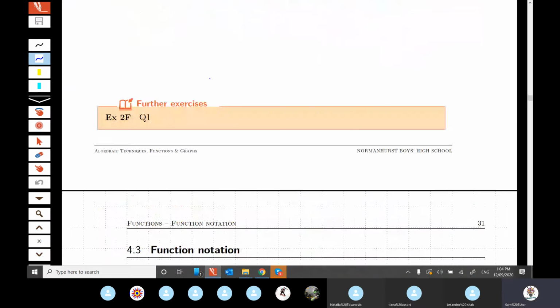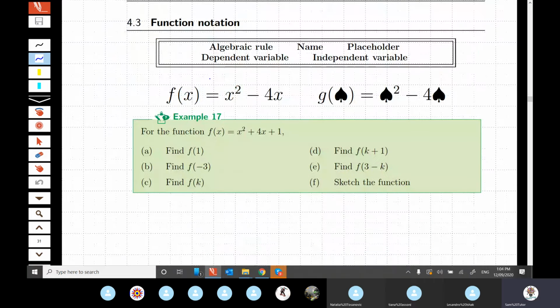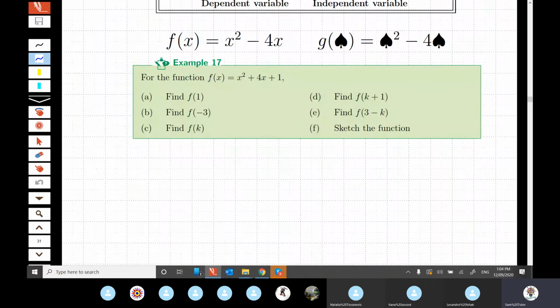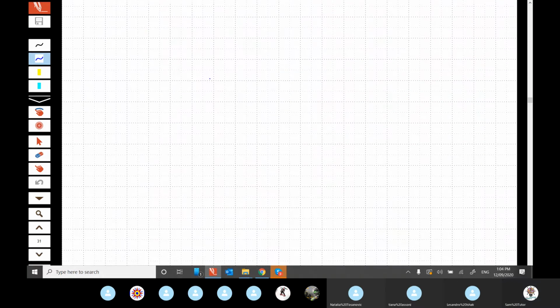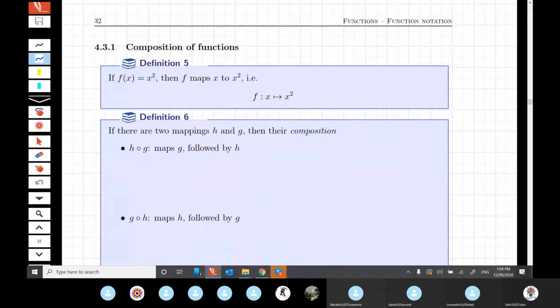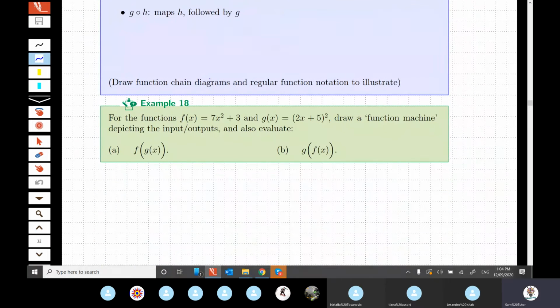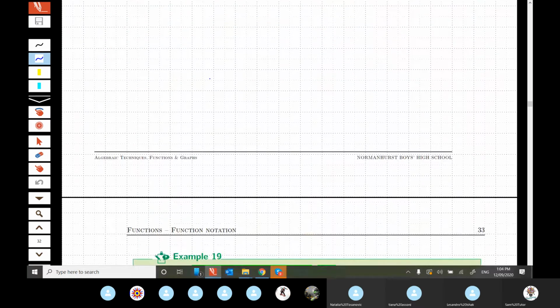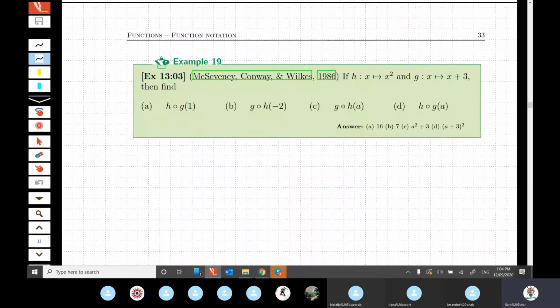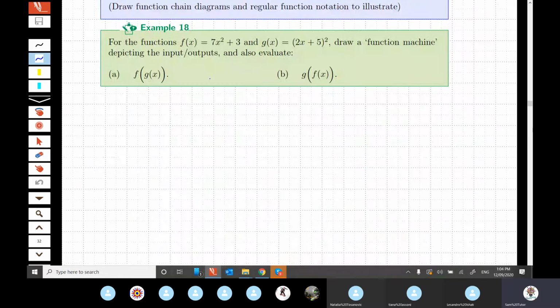Right, the domain and range. Function notation, how to substitute the different function notations in. F of g of x, g of f of x. Like I said, stop me when you need to. You go back to the f of g of x.